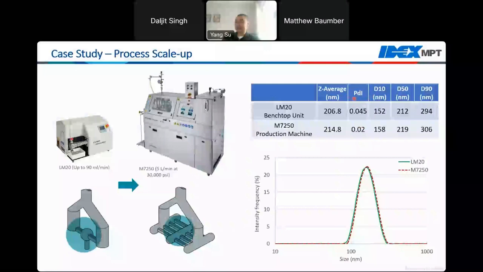The PDI indicates the distribution of the particle size. And from the distribution curve here, you can see they're almost overlapping on top of each other, which indicates the excellent scalability of the technology. So you can directly scale up from your benchtop R&D development to the production scale.